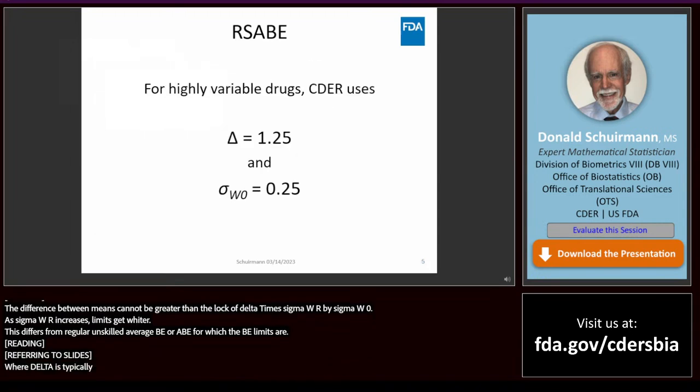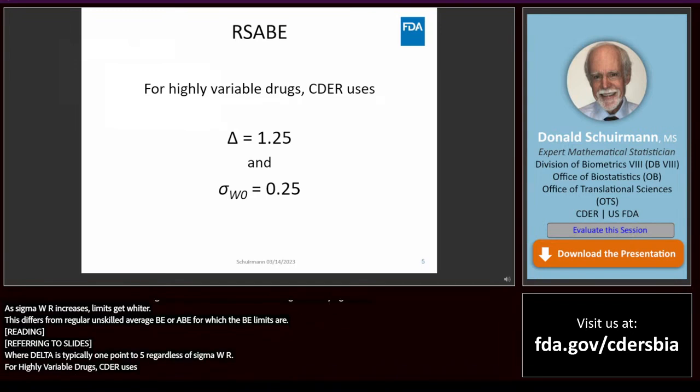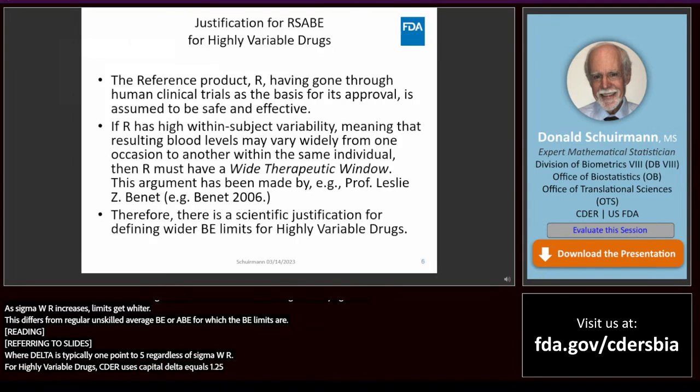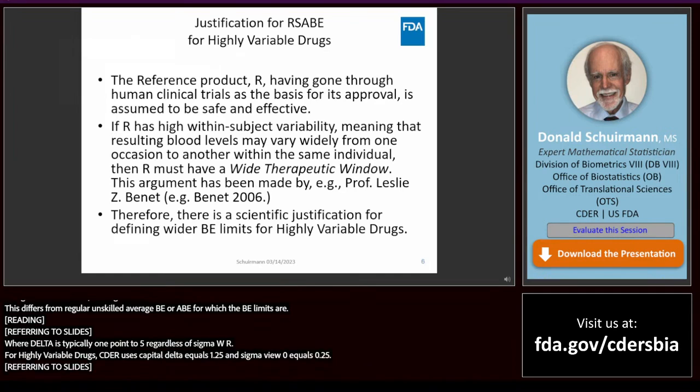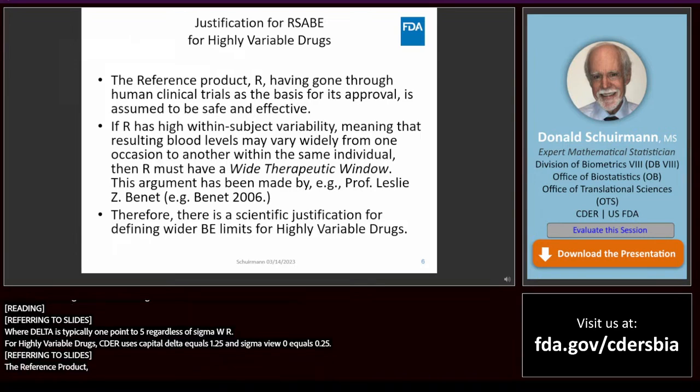Now, for highly variable drugs, the center uses capital delta equals 1.25, and sigma W0 equals 0.25. The reference product, having gone through human clinical trials as the basis for its approval, is assumed to be safe and effective.